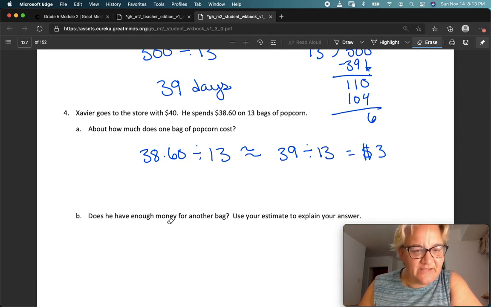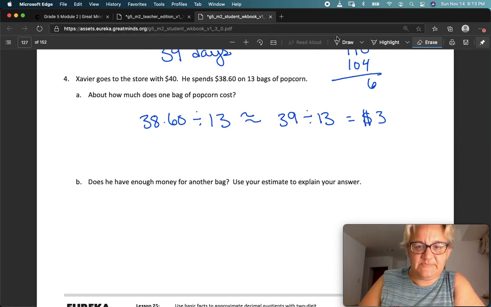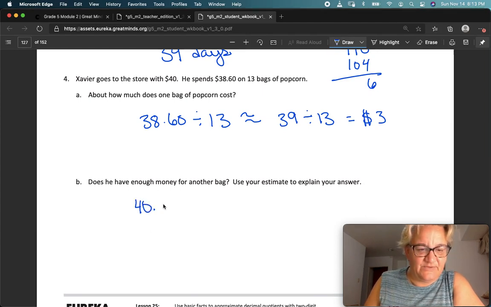Does he have enough money for another bag? I don't think so. If he had $40 and he spent $38.60, I'm going to have to say that he probably doesn't.